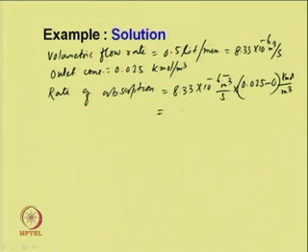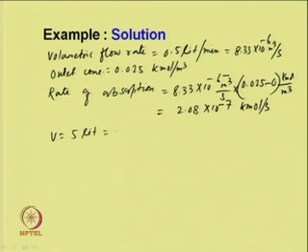So, this is equal to 2.08 into 10 to the power minus 7 kmol per second.